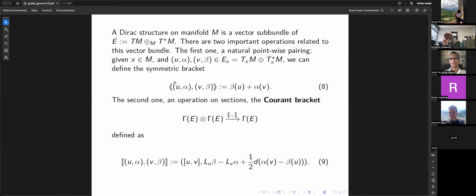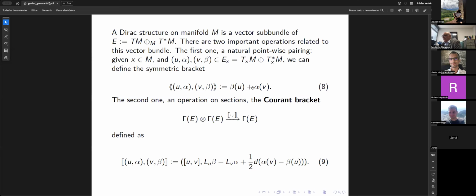And one of the things, well, this is my personal opinion, is that people that know about Poisson geometry don't know very well classical field theories, and on the contrary, people interested in classical field theories don't know many things about Poisson geometry.